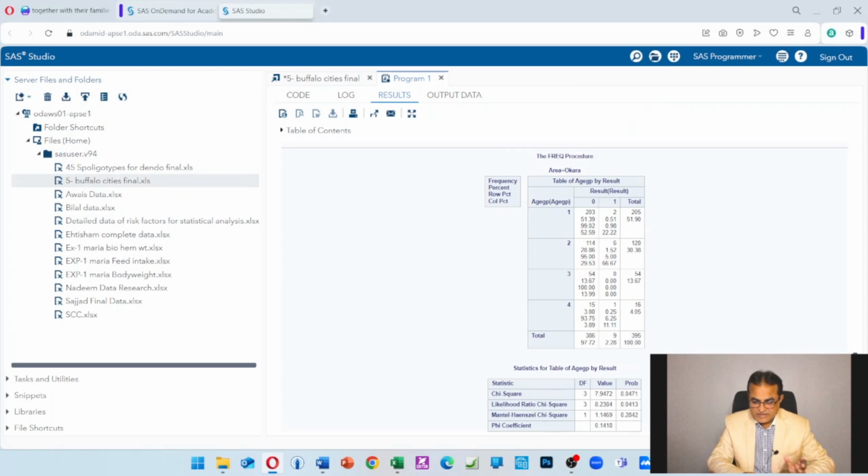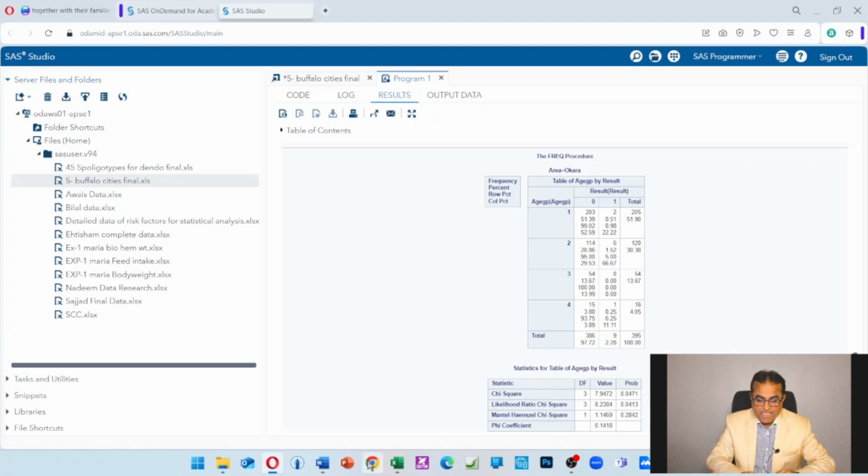You can construct this table, add the values as we have added previously, and here you can see the difference is significant, 0.0471, and even likelihood is also significant. So in Pokhara, the difference between groups is significant. So you can use these results accordingly.